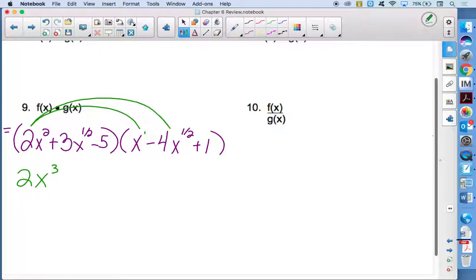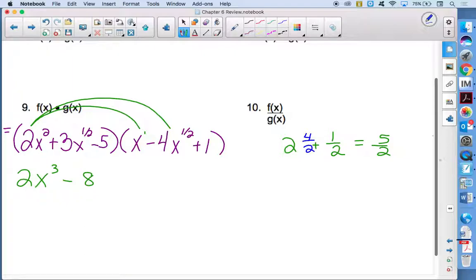So you have to multiply the whole numbers. 2 times negative 4 makes negative 8. And then you're adding the exponents. So we're adding 2 and 1/2 together. So multiplying the whole numbers, adding the powers. So that would be 5 over 2, because 2 is really 4 over 2.